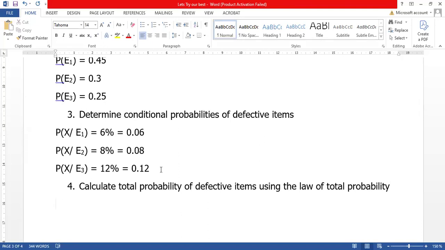The total probability, that is probability of X, is equal to what?